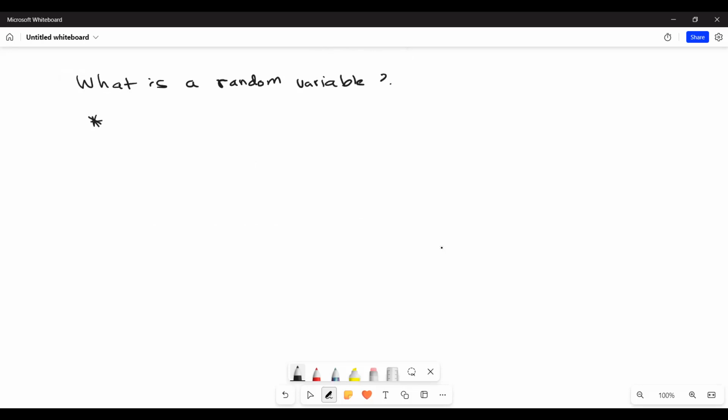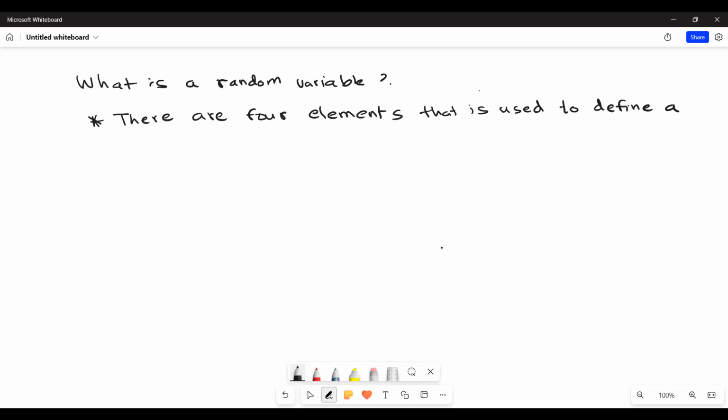So there are four elements that can be used to define a random variable. I will call the random variable capital RV.